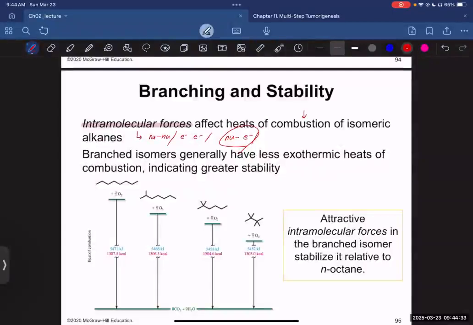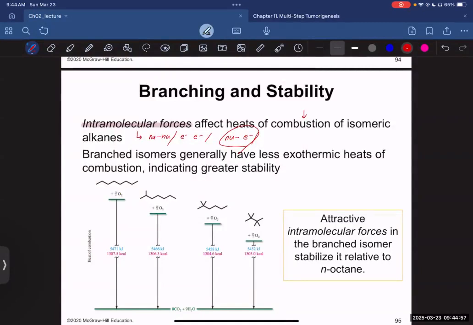And also with regards to intermolecular forces, we find that linear alkanes have a bigger surface area, which means they're going to have a lot of these intermolecular forces compared to the smaller branched molecules, which have fewer intermolecular forces.